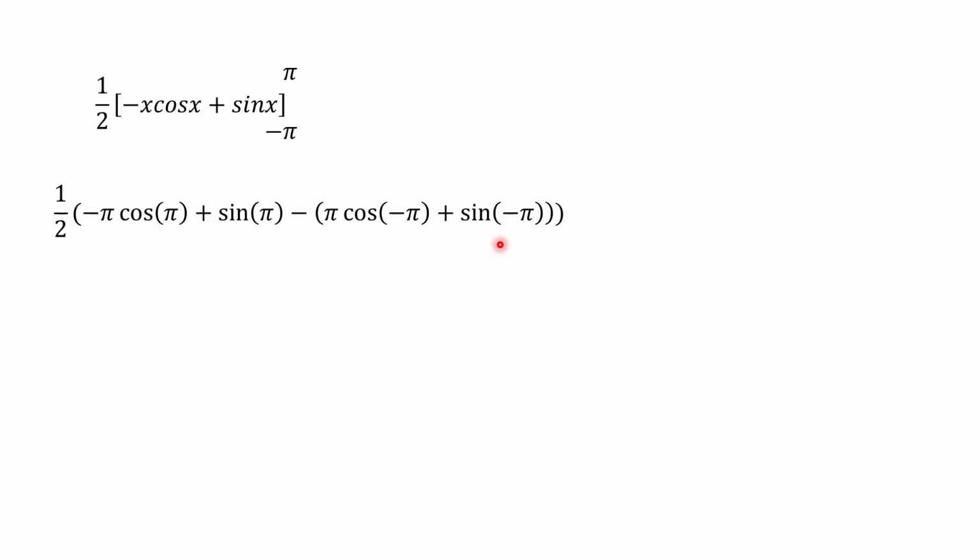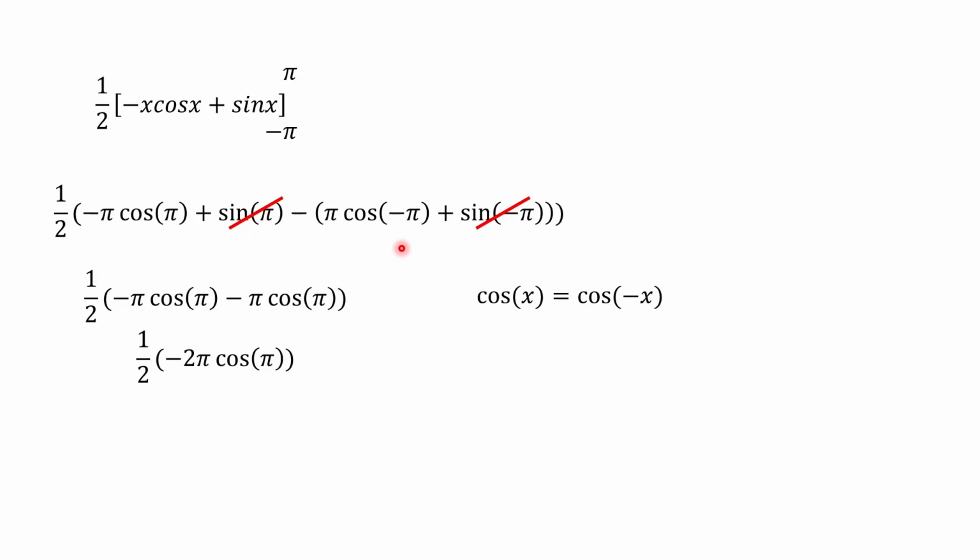So we know that sine pi and sine minus pi equal 0. So we can just ignore them because adding or subtracting 0 won't do anything. And then we can take advantage of the fact that cos is an even function. So since we know that cos x equals cos minus x, it's a symmetrical function, we then know that minus pi cos pi is equal to minus pi cos minus pi.